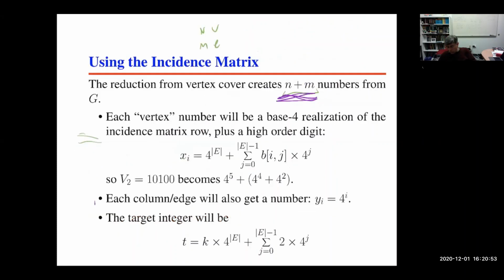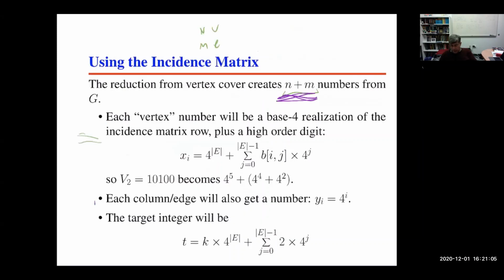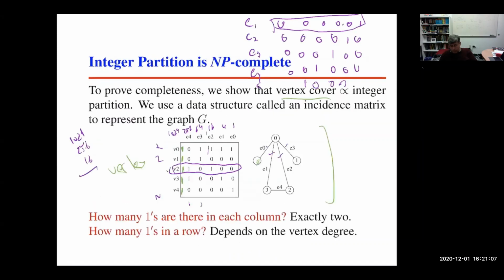Why am I going to do that? What do I know? For any given problem, I've got a set of vertex numbers, and I've got a set of edge numbers. I'm going to need to create a target. But what target would represent a vertex cover?